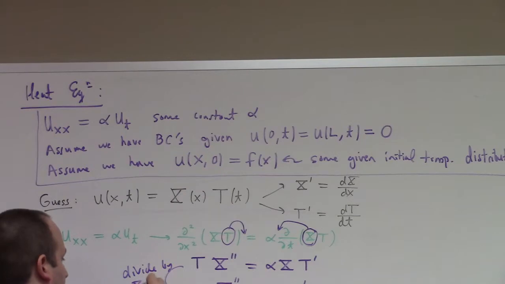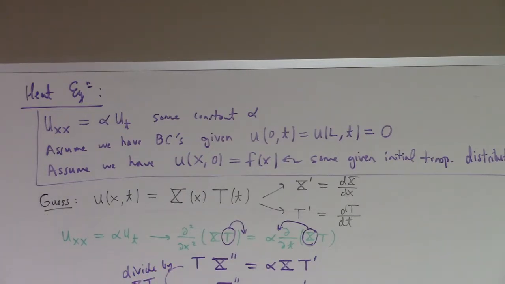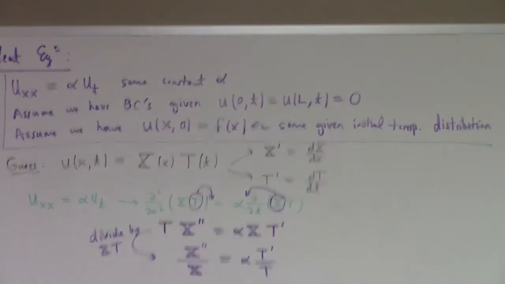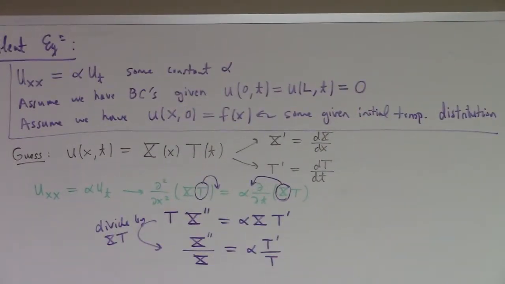So I've given up on having a trivial solution. Anyway, we know that we could add the trivial solution, but who cares? Well, this is a very interesting equation because this suggests something.